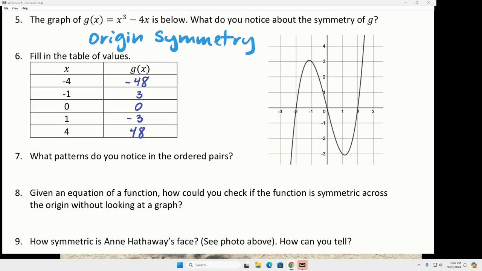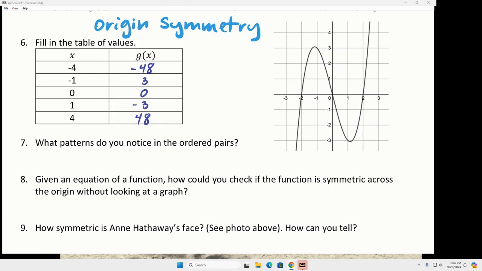All right, and if we're looking at the ordered pairs, what patterns do you see? They're opposites. So 4 and -4 have opposite outputs. And same thing with 1 and -1.